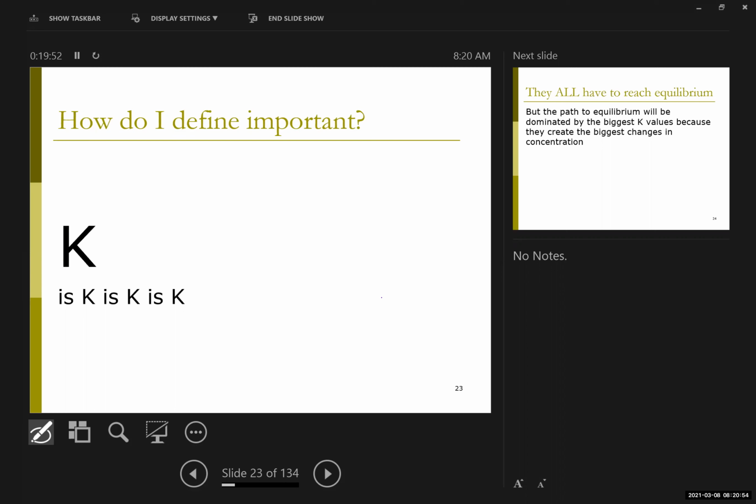Technically, they're all happening simultaneously, but the ones that end up dominating the changes that occur in concentration are the ones that have the biggest K. In the case of acids and bases, it's every acid with every base with a single proton transfer. If you're polyprotic, that's 2 or 3 single proton transfers. I never do more than 1 proton at a time.